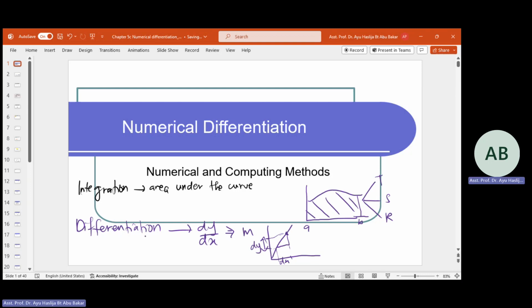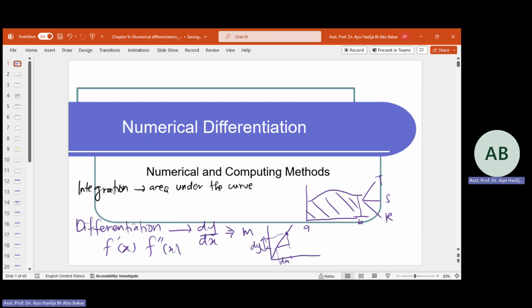Another symbol that we use for differentiation is f prime x. That means single differentiation. If you see f double prime, that is two times differentiation.